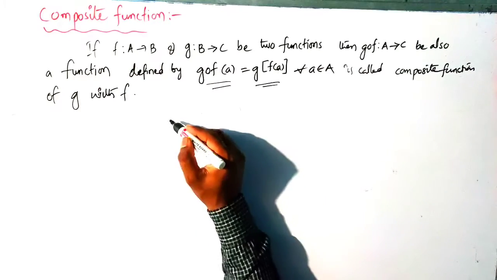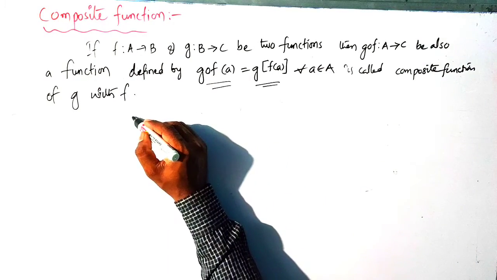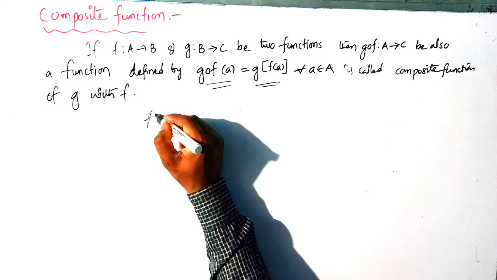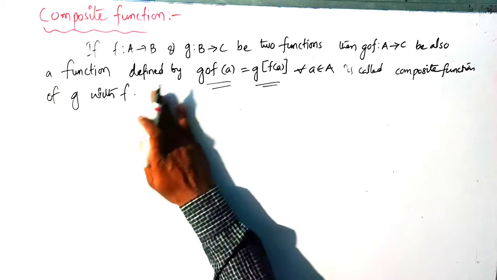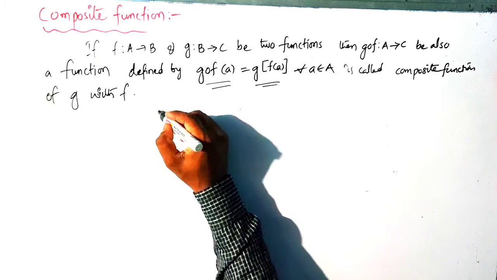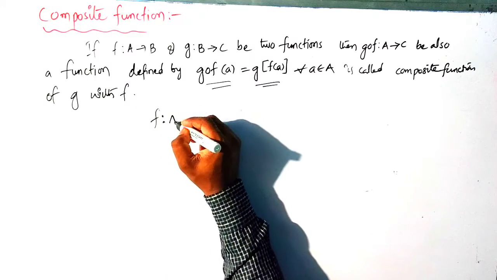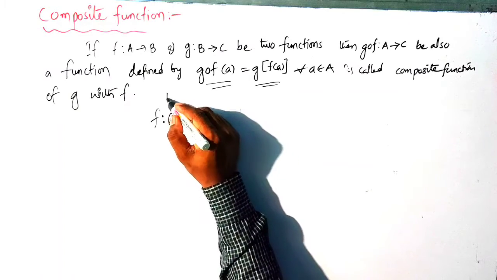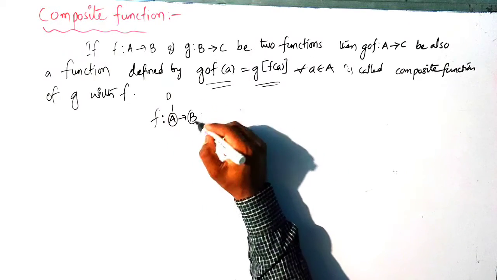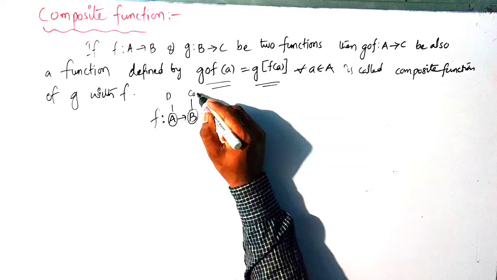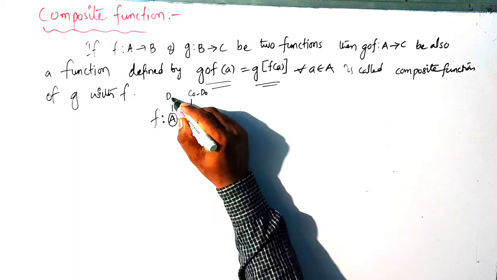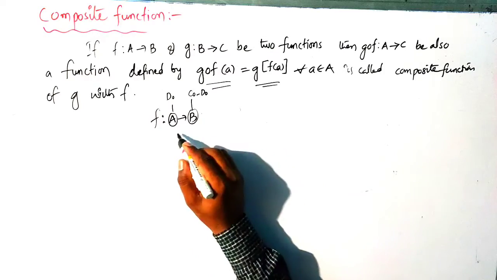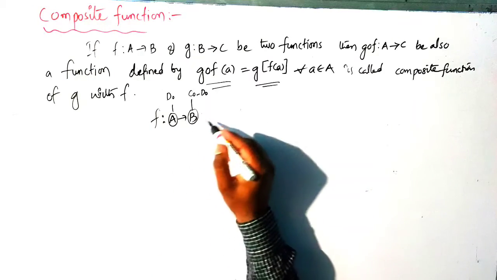Like this, see here, what is the domain and what is the codomain. We already discussed in the previous class. f is from A to B, so A is called the domain of f and B is called the codomain of f.